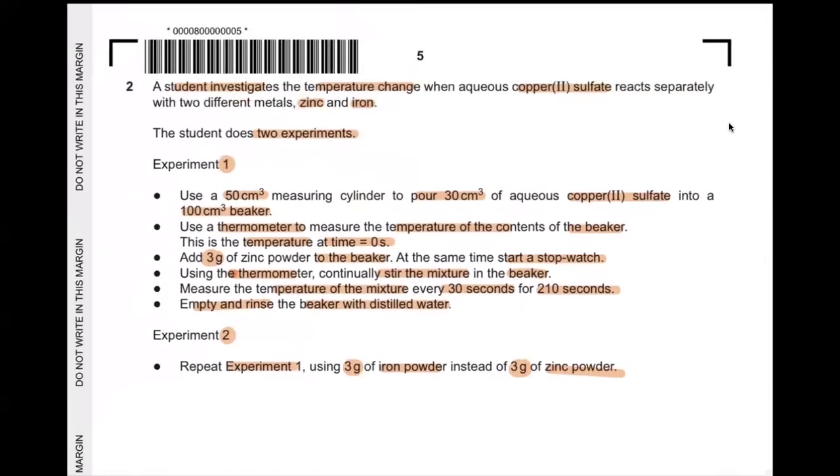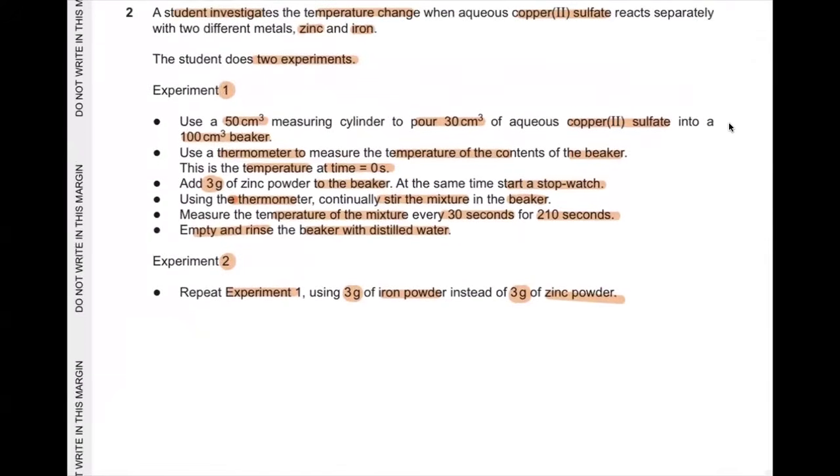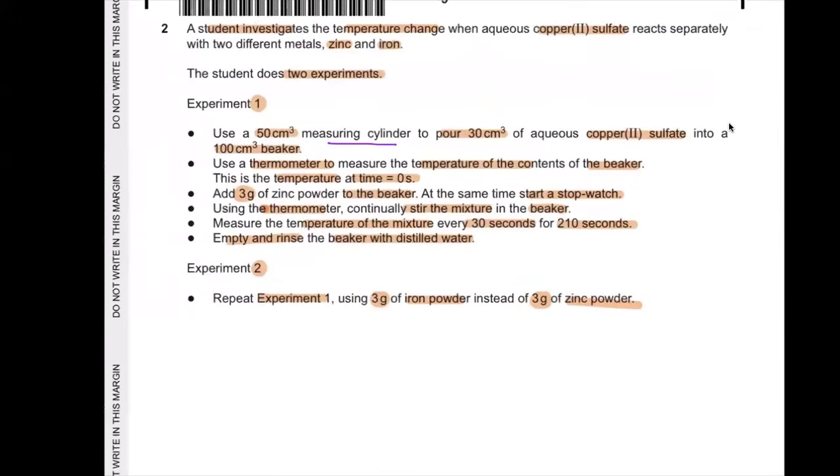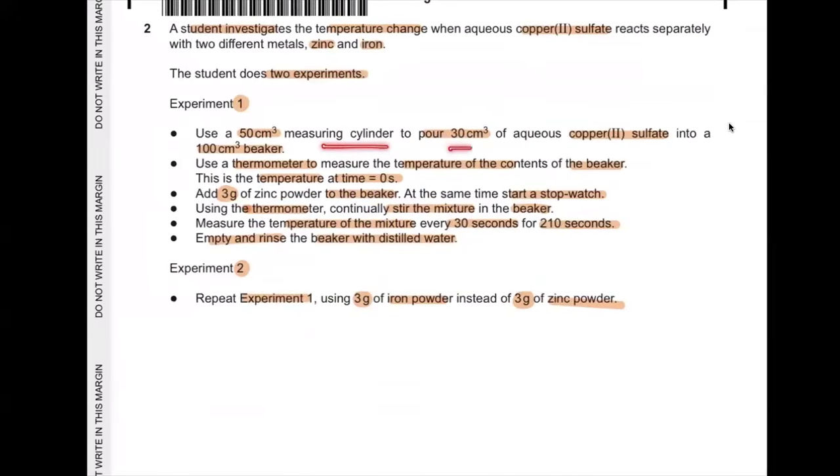Okay. So if you go through the method again, we are using the measuring cylinder to pour 30 centimeter cube of aqueous copper sulfate. Actually, the objective of the experiment is to investigate the temperature change when aqueous copper sulfate reacts with zinc. So you have to find the change in temperature, right?